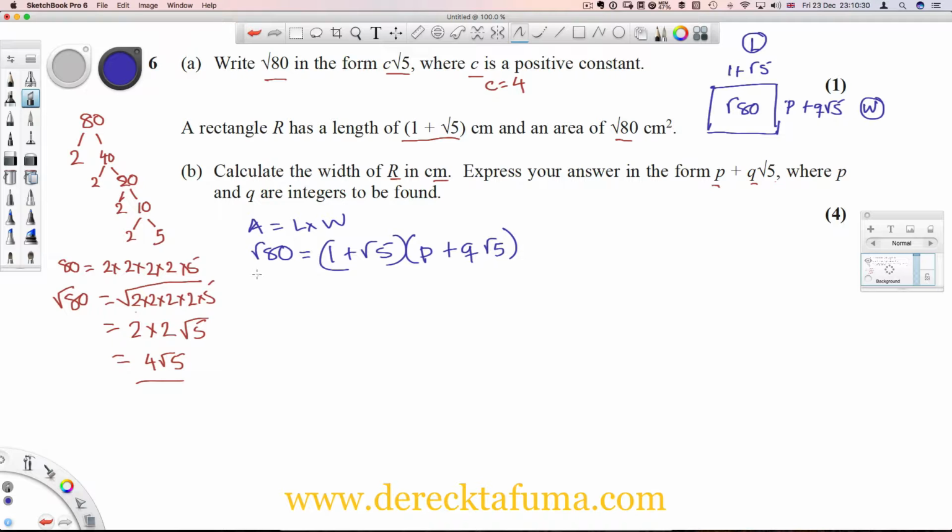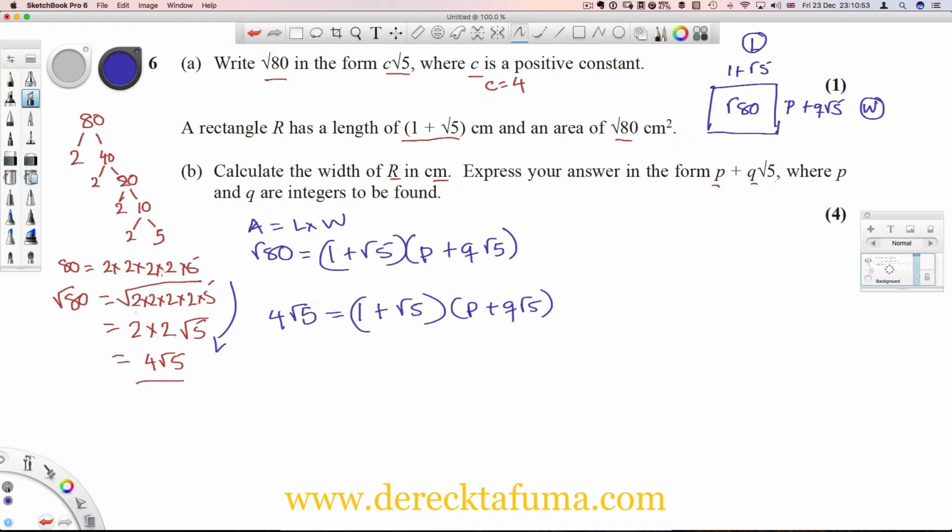Okay, so root 80 from question A is 4 root 5, and that is equal to 1 plus root 5 times P plus Q root 5.